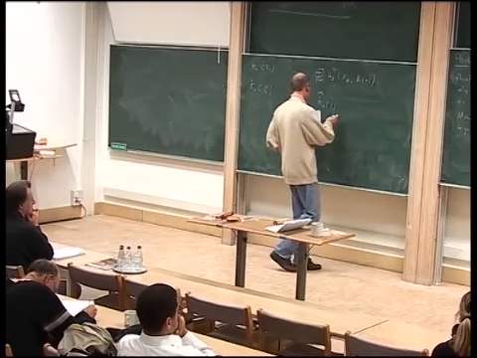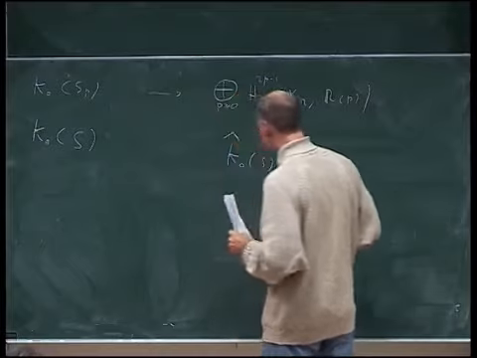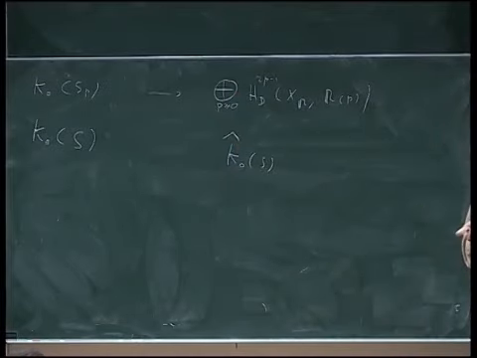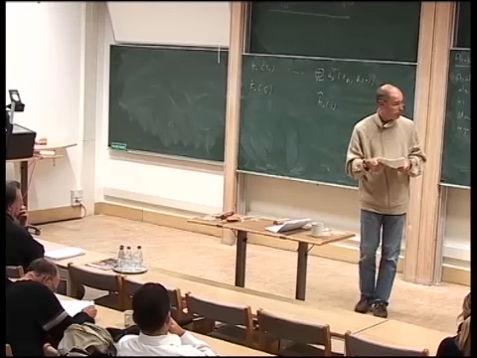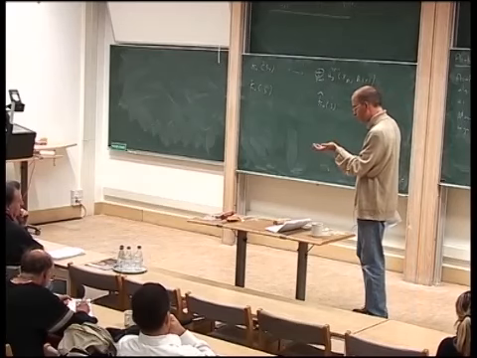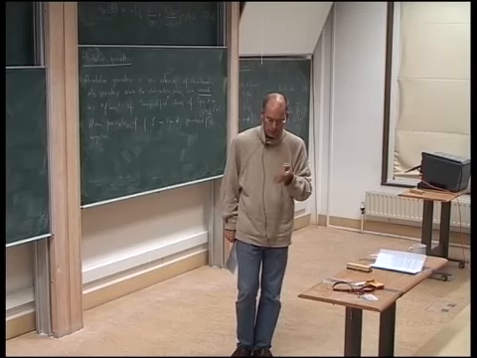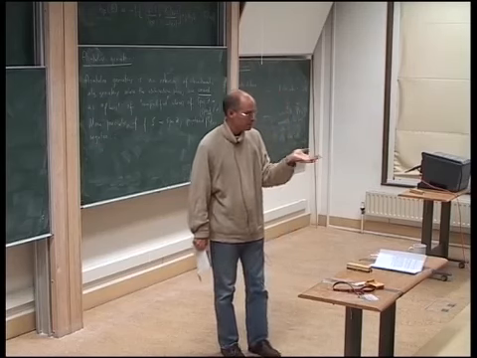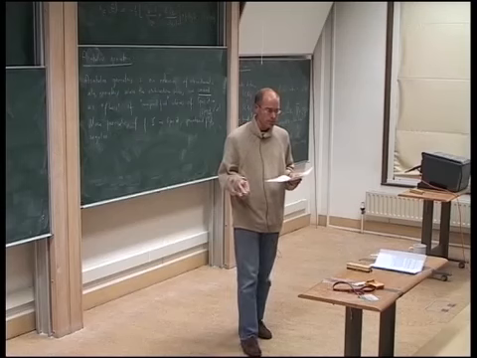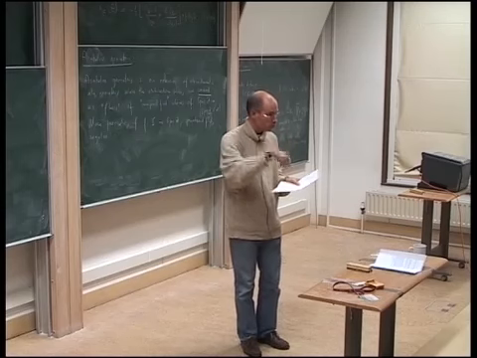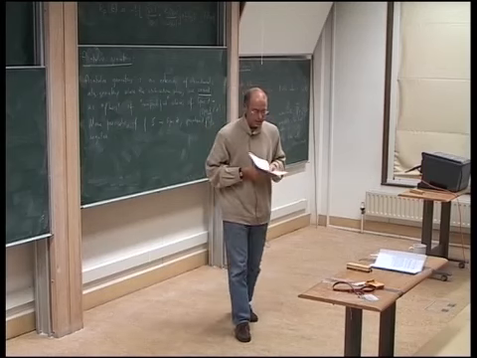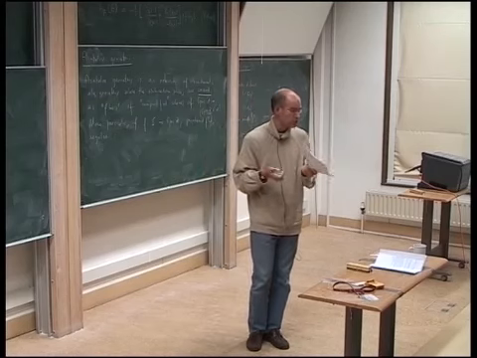And this K0 hat of S has very similar relationships to the original one, but of course the generators will be Hermitian vector bundles, that is, vector bundles endowed with a Hermitian metric. The relationship is not simply orthogonally split exact sequences, but any exact sequence of Hermitian vector bundles, and then you have to throw in what's called a Bott-Chern class. This Bott-Chern class measures to some extent the extent to which the sequence is not split.